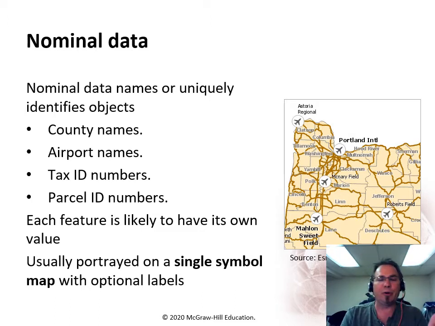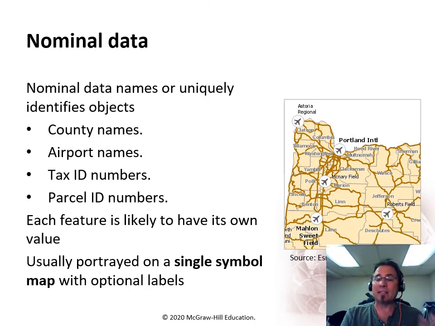So my house, your house, UWM, Lapham Hall, they all have a footprint that sits on the ground and that has a unique number. Just like we have a social security number, although you don't want to use those. These have unique identifiers. Each feature is likely to have its own value. There's only one tax ID number for each building or whatever.